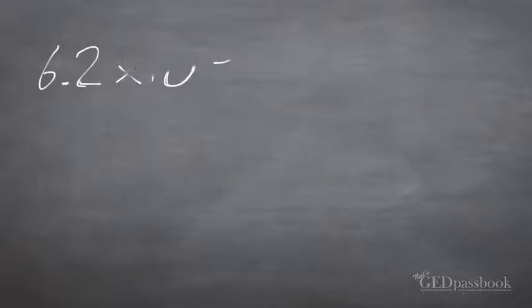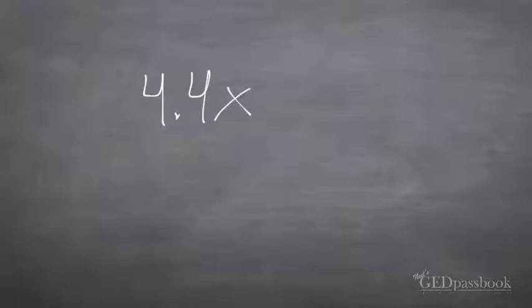Okay, one last example like this. And then I got to teach you one last thing. It's still scientific notation. But how about if we get 4.4 times 10 to the power of 8. Again, this is how scientific notation is always going to look. So all you got to note is, is the power positive or negative? It's positive.